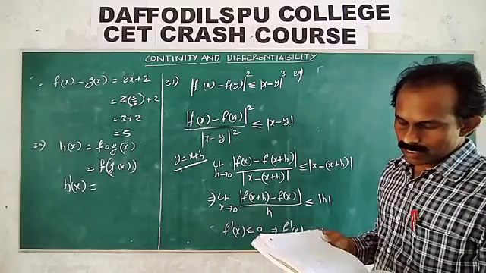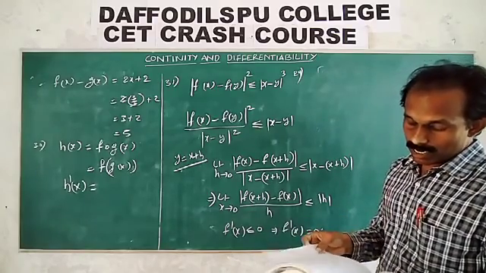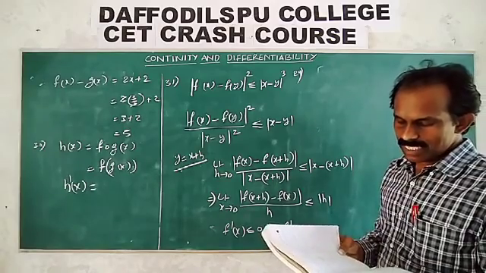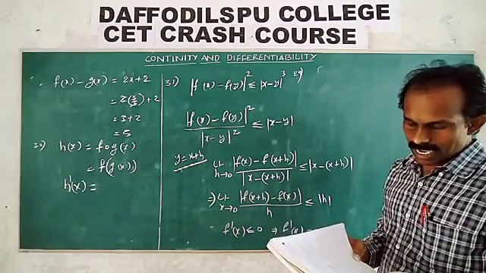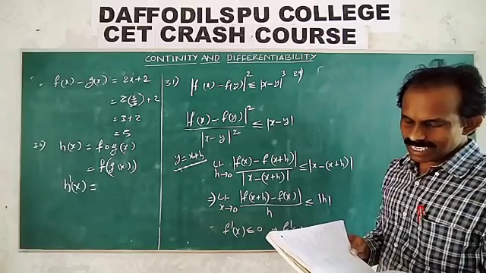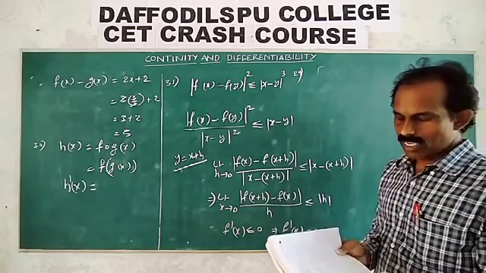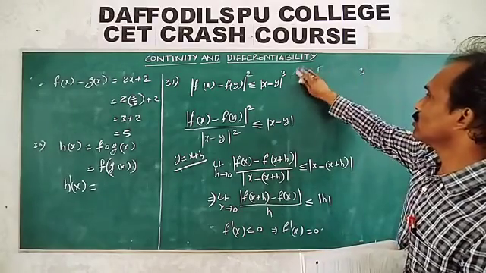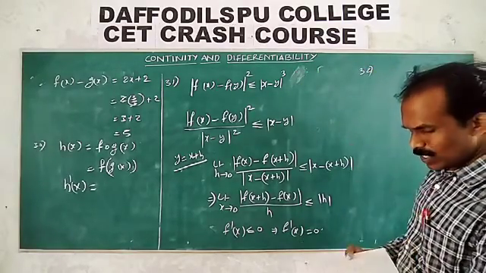32. The functions f, g, h satisfy the relation f dash x equals g of x plus 1, g dash x equals h of x minus 1, then f double dash x is equal to how much? Okay. We'll try this problem.